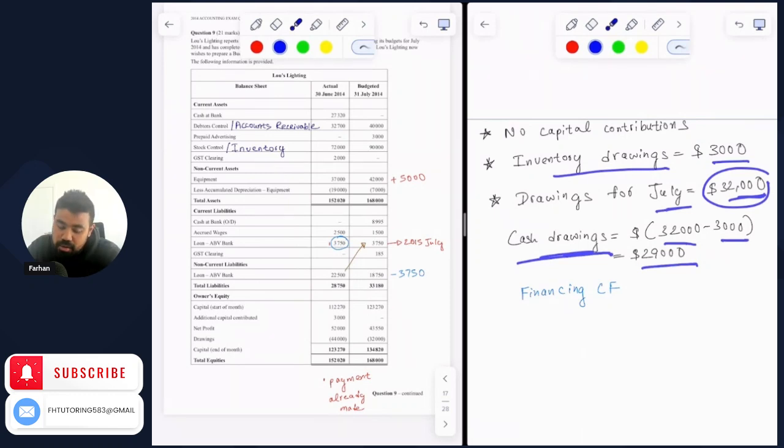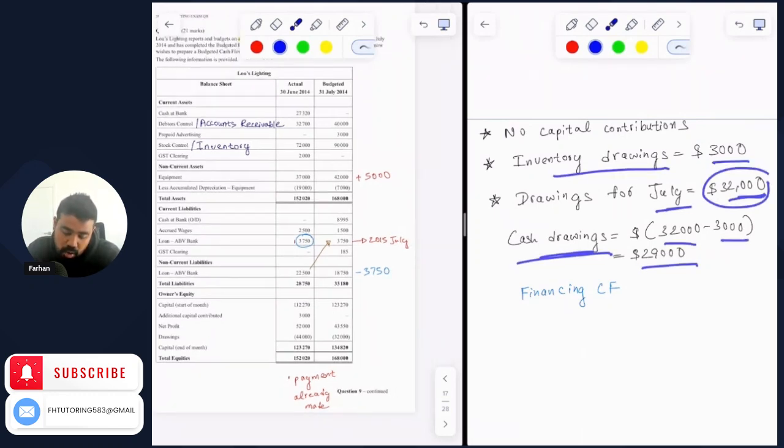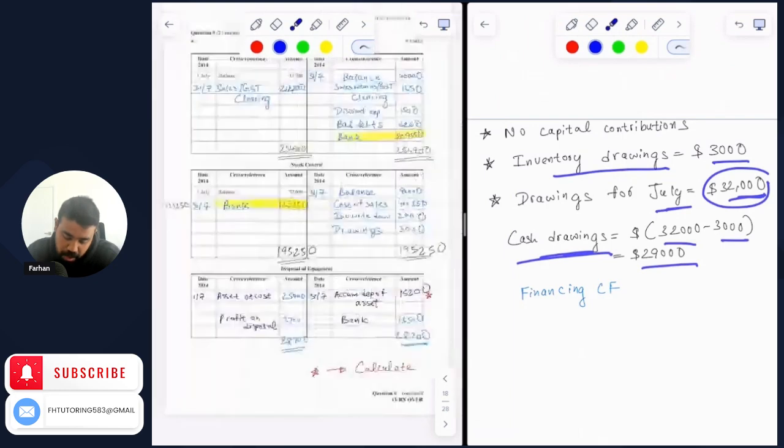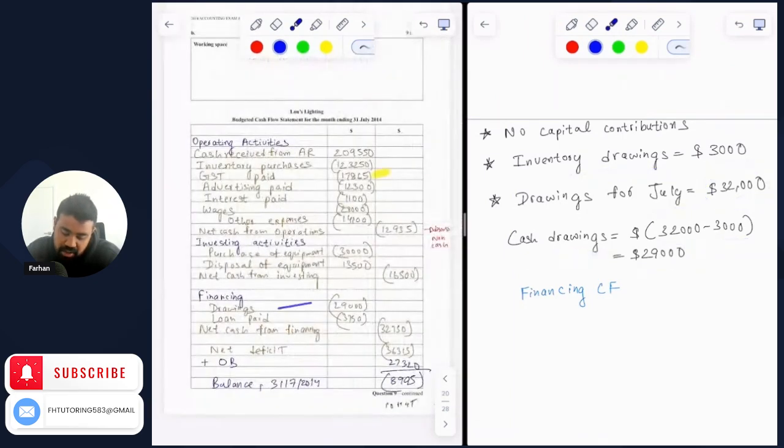We're taking money out of the business. So within the financing activities section, you report cash drawings of $29,000 and loan paid of $3,750, both negative, and that gives us net cash from financing of negative $32,750.